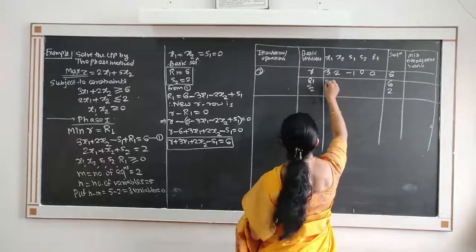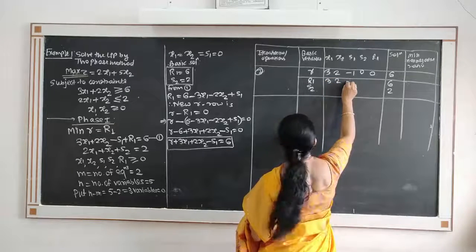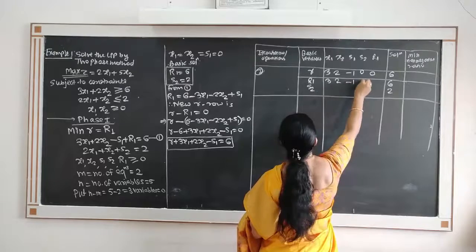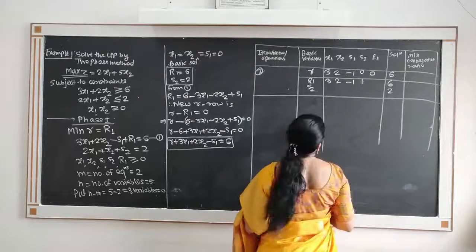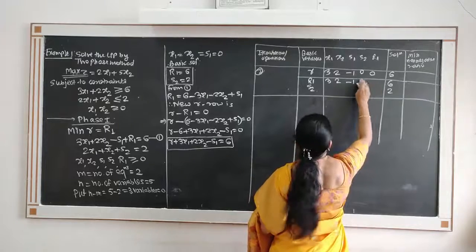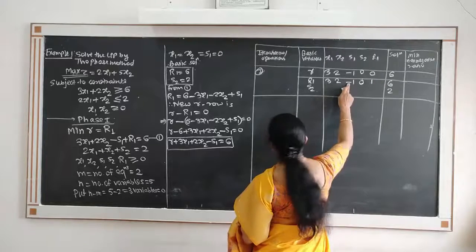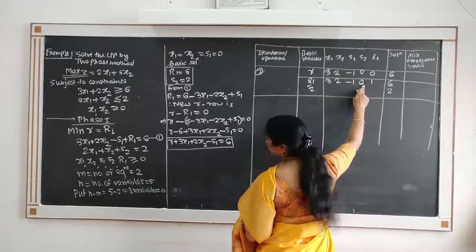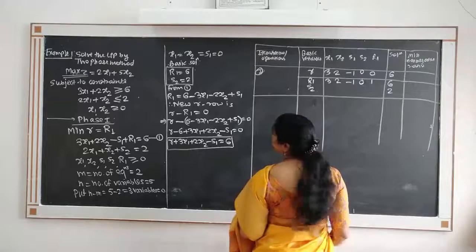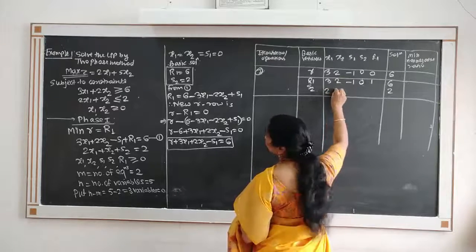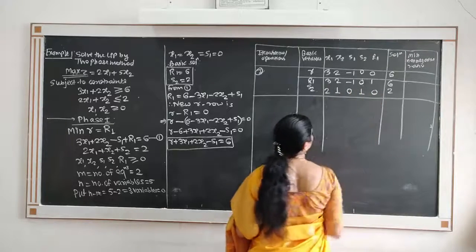First equation gives 3, 2, minus 1, 0, 1 and 6. Second row gives 2, 1, 0, 1, 0 equal to 2.